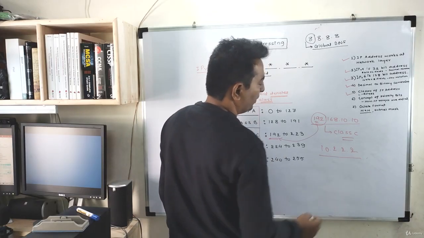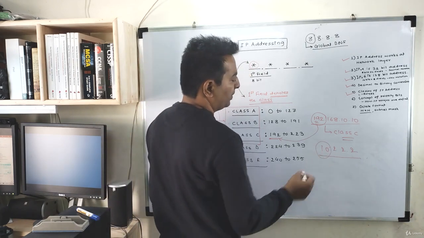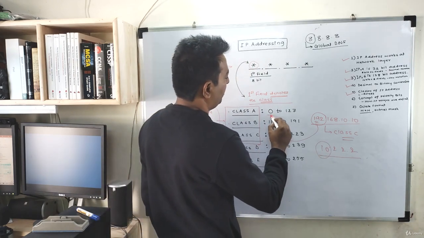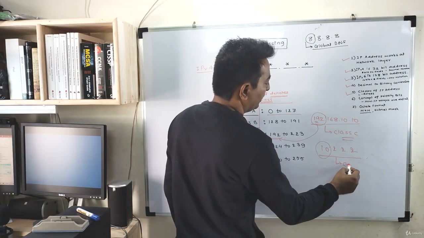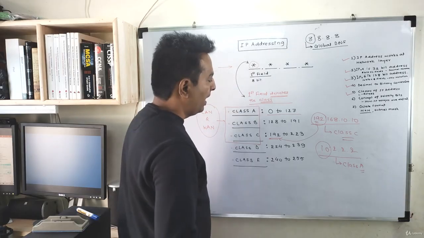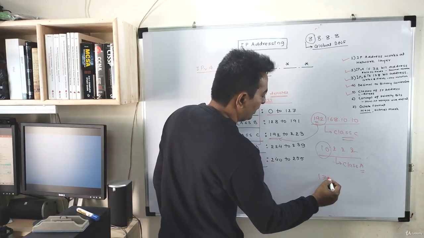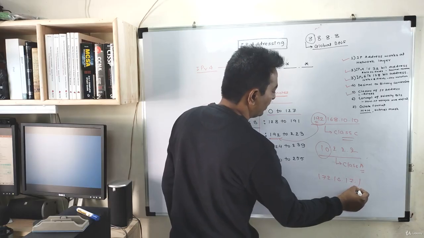10.2.2.2. If you want to identify the class for this IP address, look at the first field. First field is 10. It falls in between this range, so it is a class A IP address. Okay. And for an example of class B, 172.16.17.1.